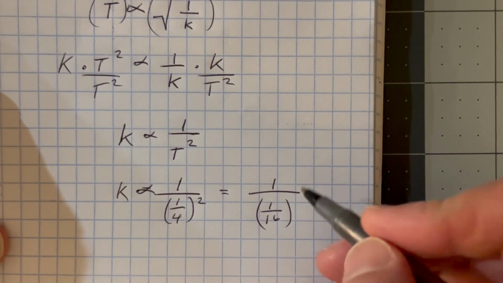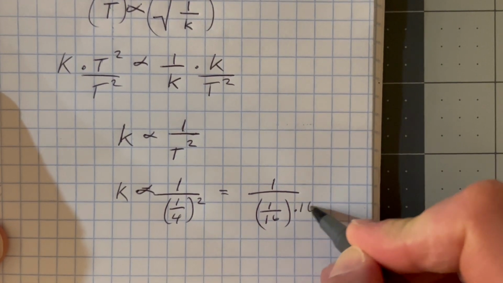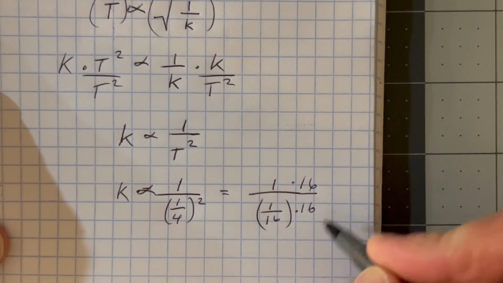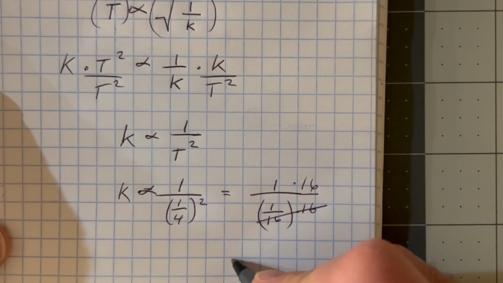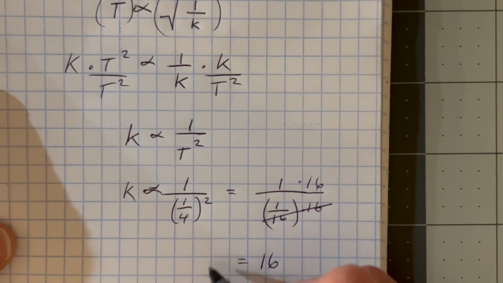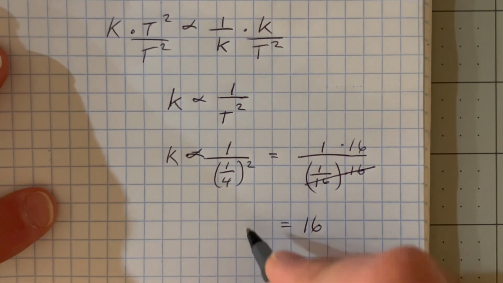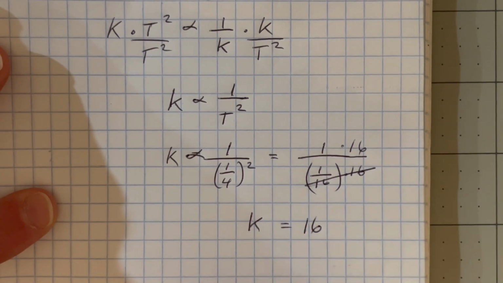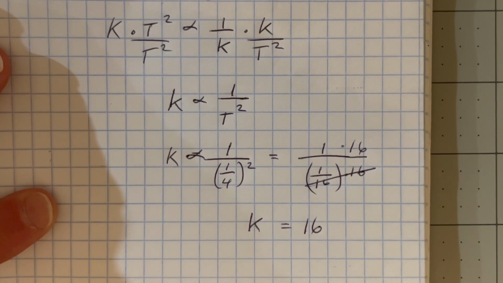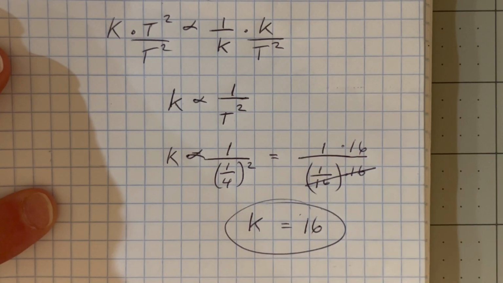And then if you wanted to, we could multiply the numerator and denominator by 16, and you would get 16. So this does not mean K is equal to 16. It means the factor of change for K is 16. So K increases by a factor of 16 in this scenario.